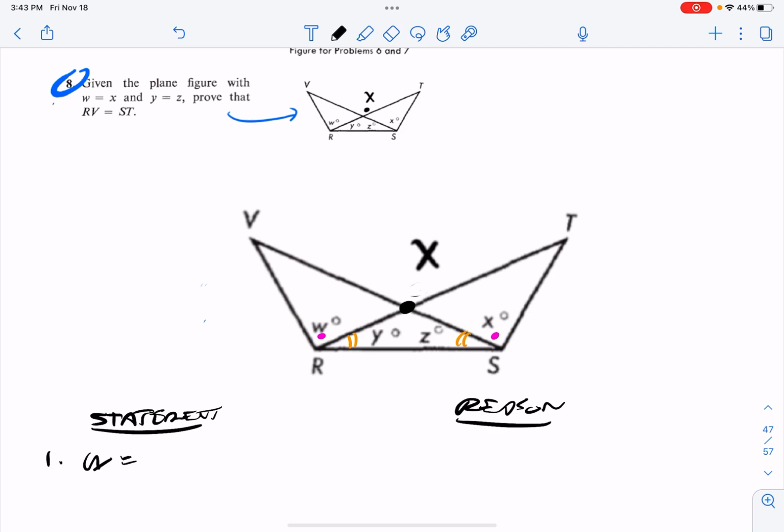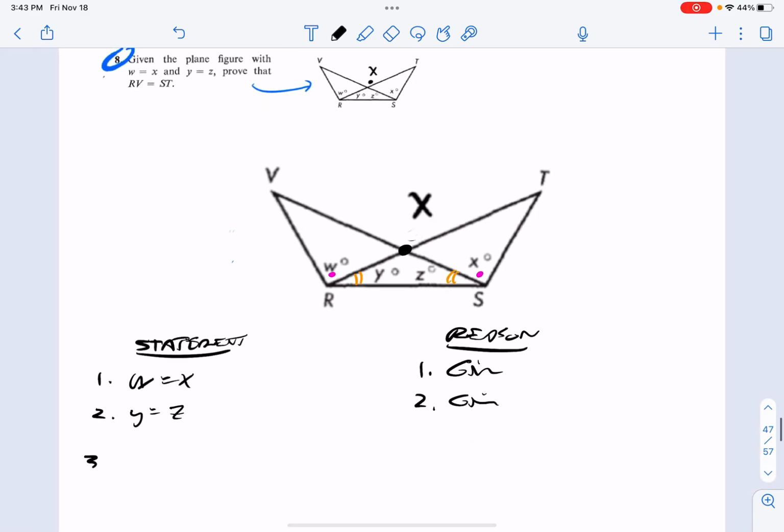Givens as before. But now, looking at triangle RXS, I can use the base angle theorem to say that because the y degrees here matches the z degrees here, the opposite sides are congruent. Segment RX is congruent to segment SX.